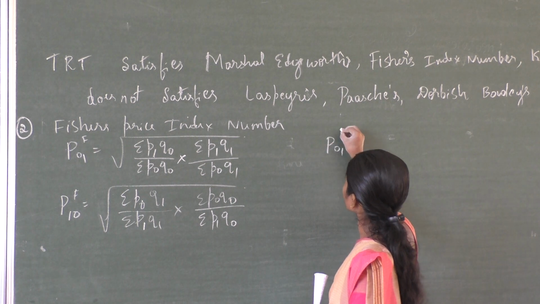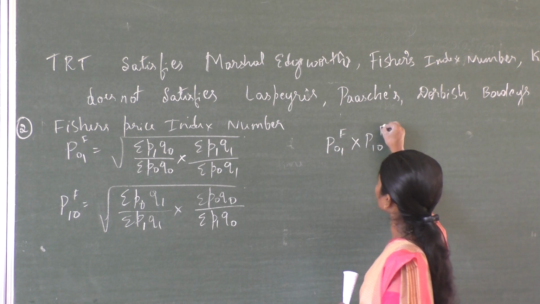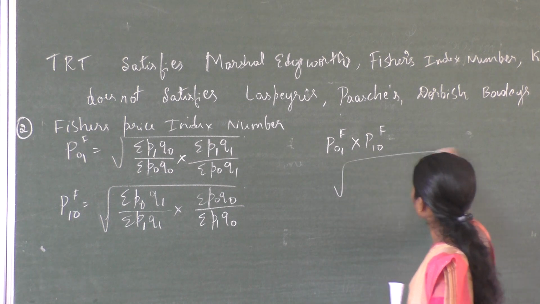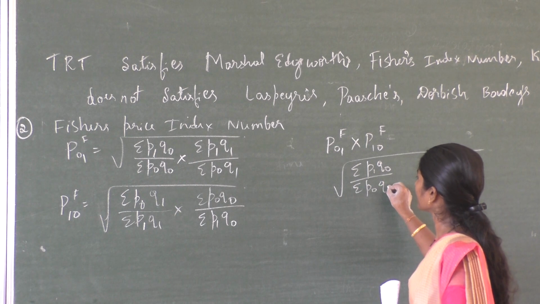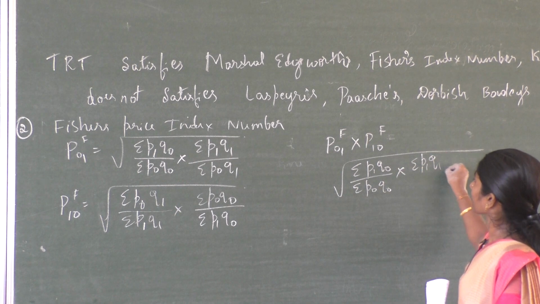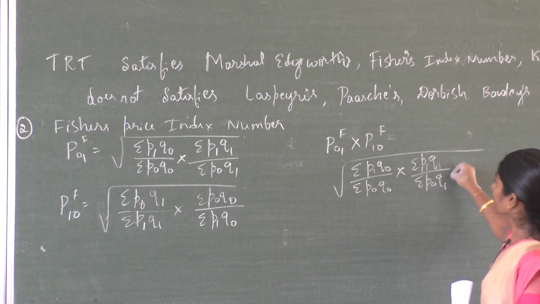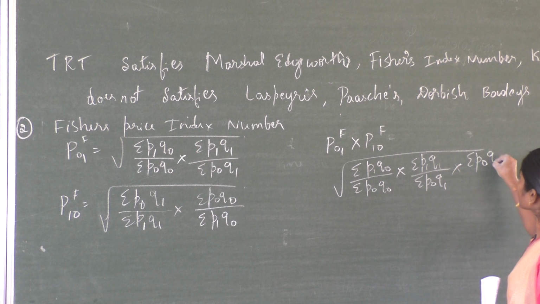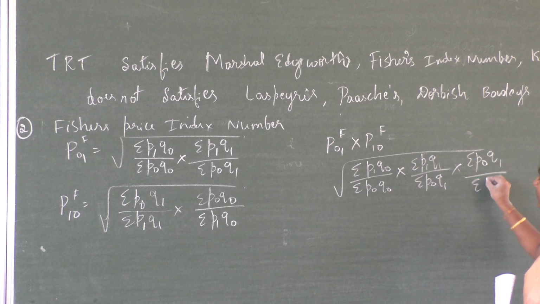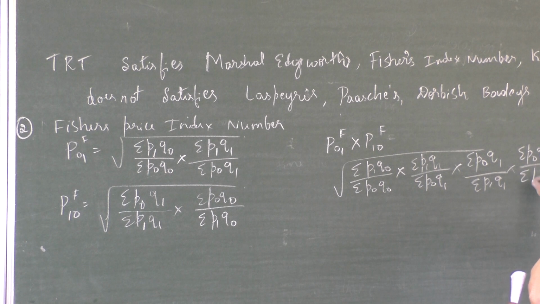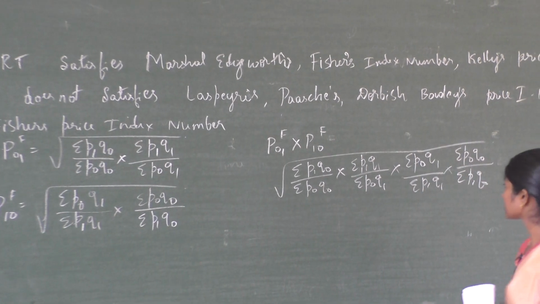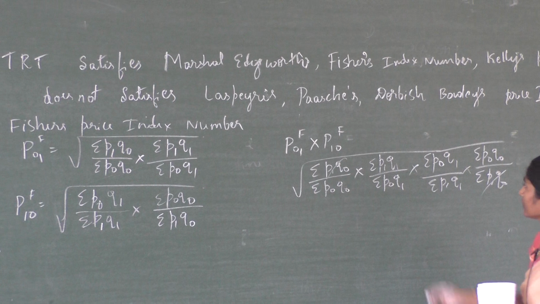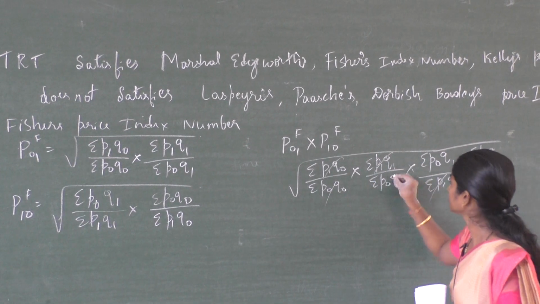Now we will take P01 of Fisher's into P10 of Fisher's, the square root of that. Here also things cancel: P1 Q0, P1 Q0, P1 Q1, like this way, here and here.